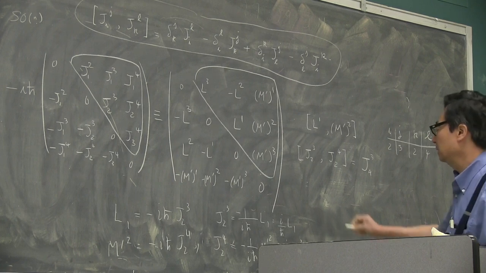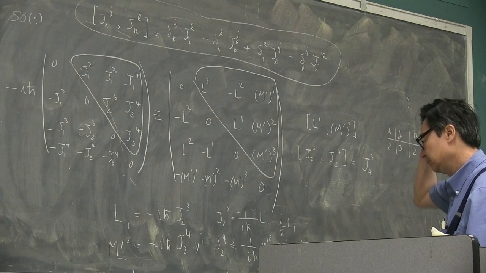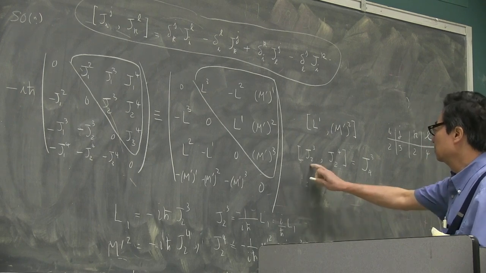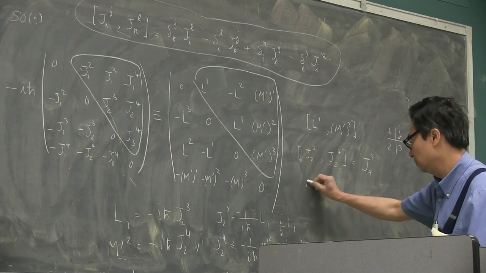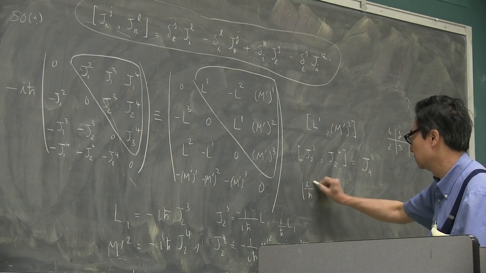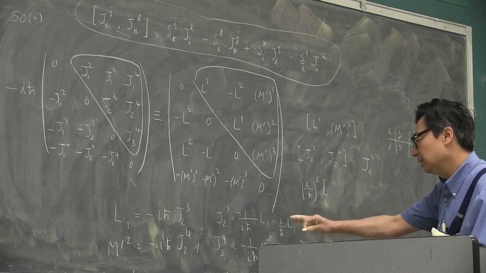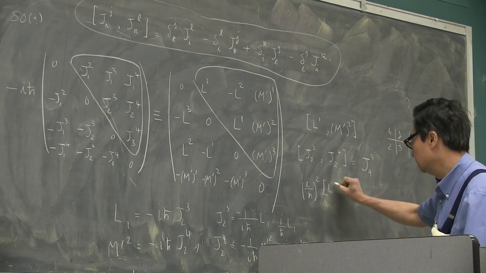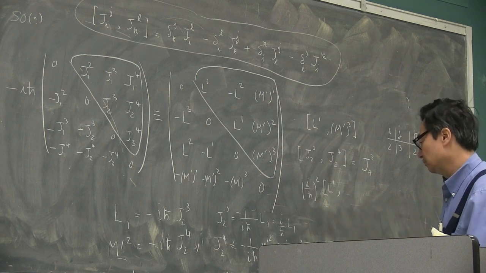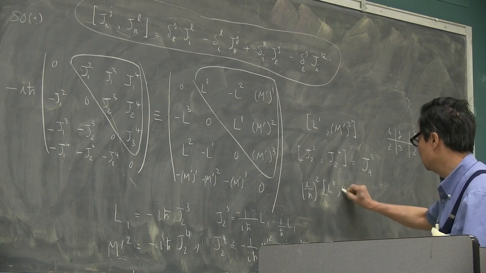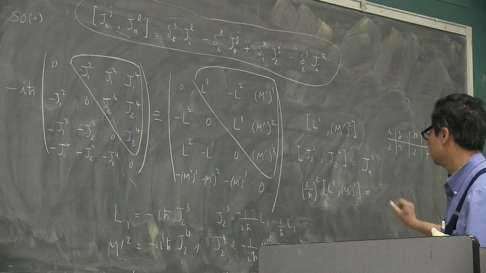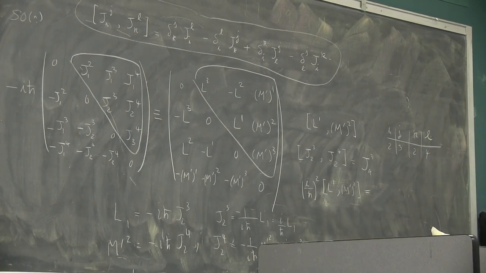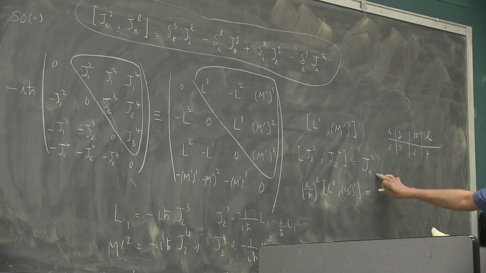Okay. And so apparently I have the two j's in here, so there are two I over h bars in here. J23 is proportional to L1, and J24 is proportional to M prime 2. Okay? Is supposed to give me what according to this?